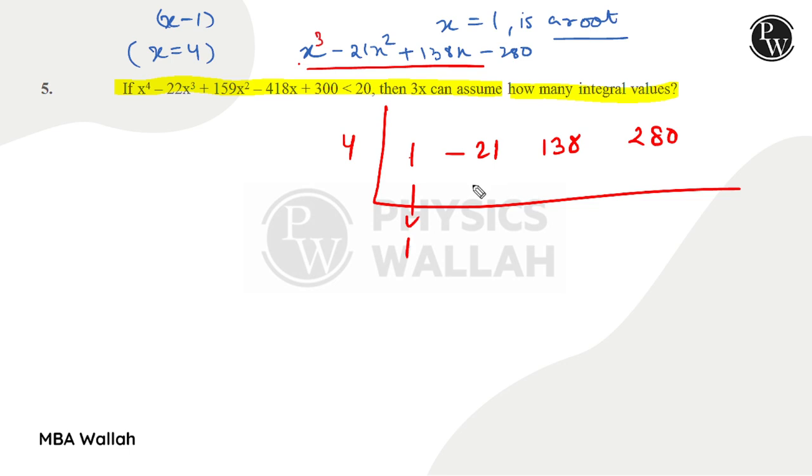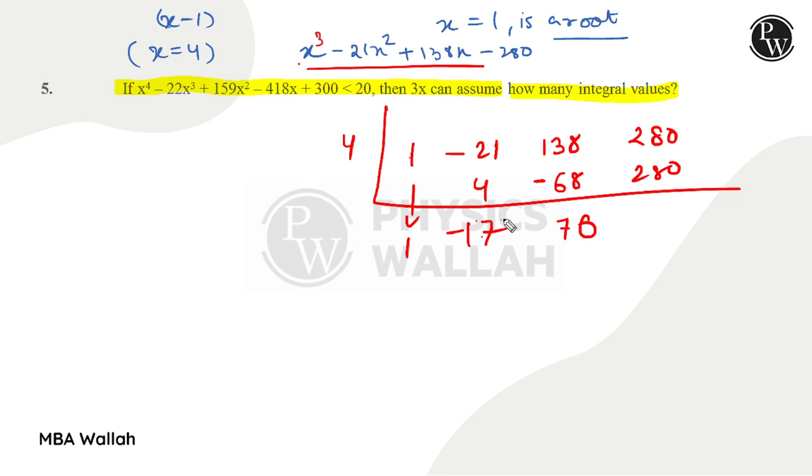So this is 4, 21 minus 4 is 17, then 68, then 70, and 7 fours are 28.